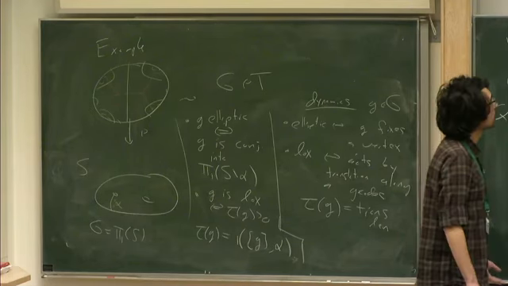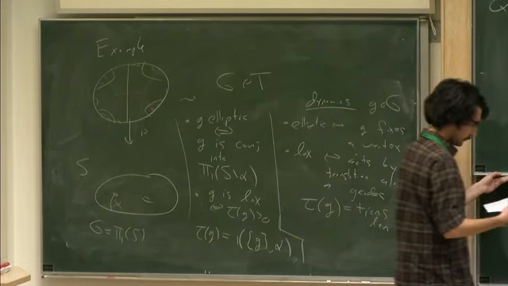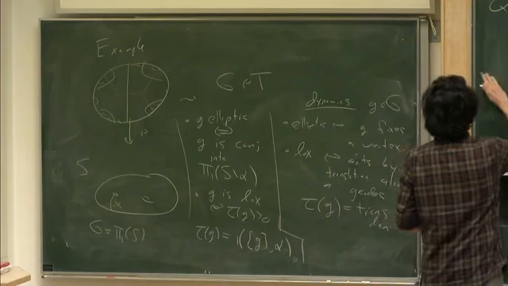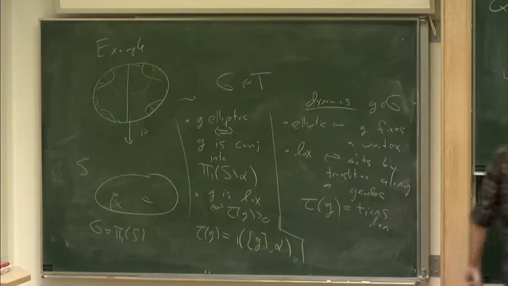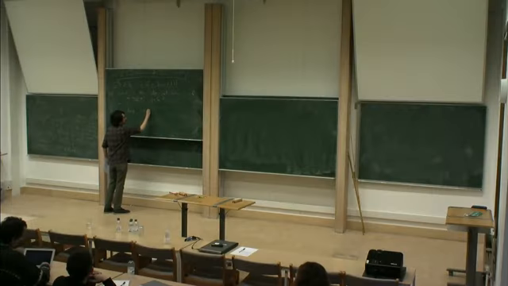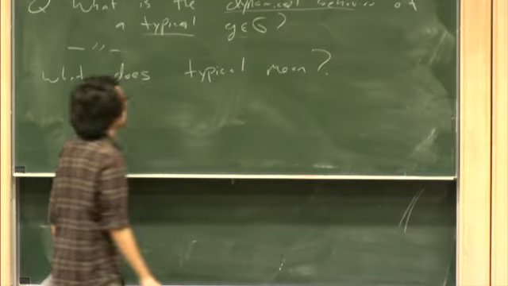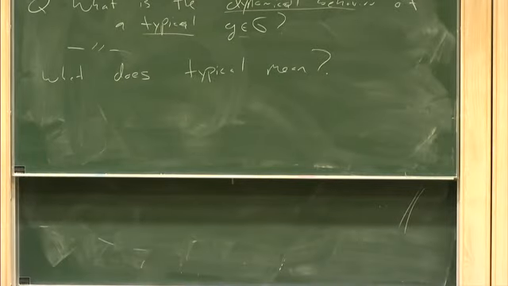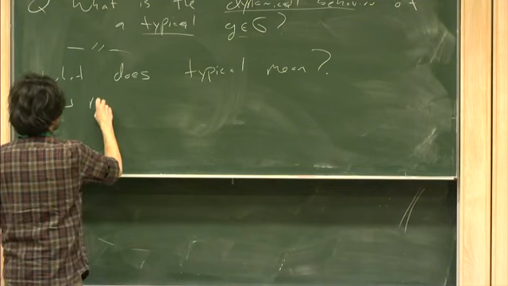So, what does typical mean? I have a finitely generated group, and there are at least two good notions of what I can mean by typical. The first one is what I'll call the random walk method.